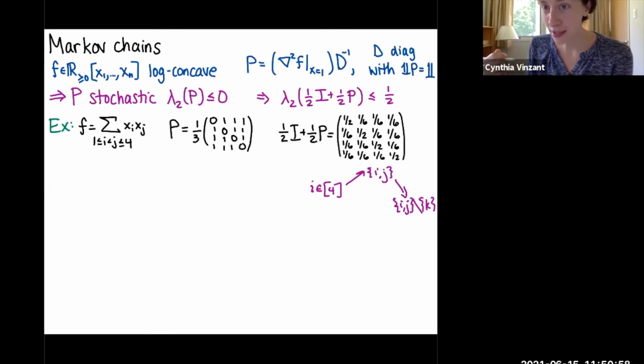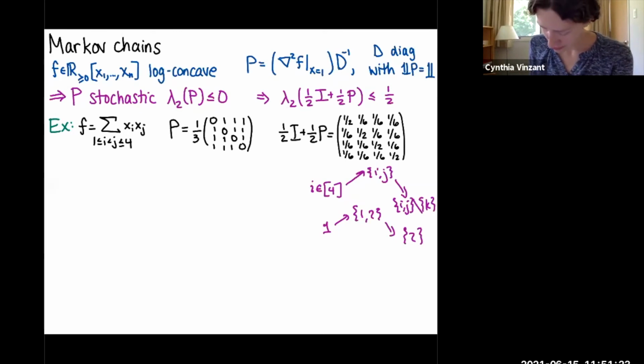If I start at an element, say 1, then my chance of moving from 1 to 2 requires going from 1 to {1, 2}, which happens with probability 1/3. And then I'd have to drop 1, which happens with probability 1/2. So my transition probability is 1/6.